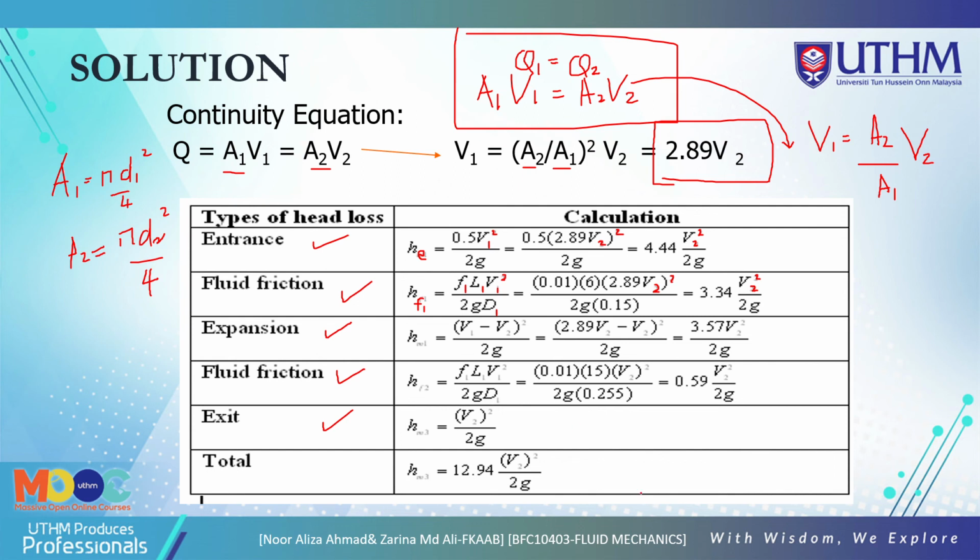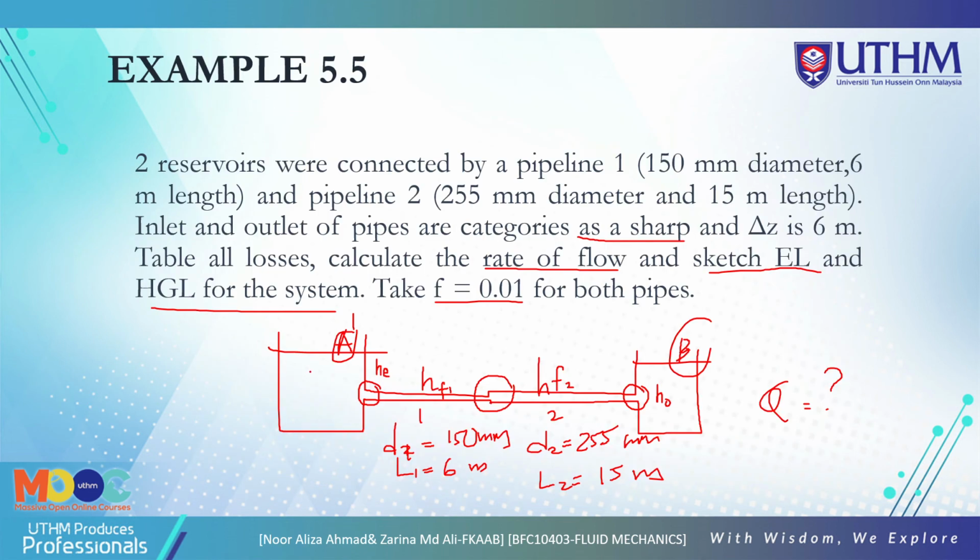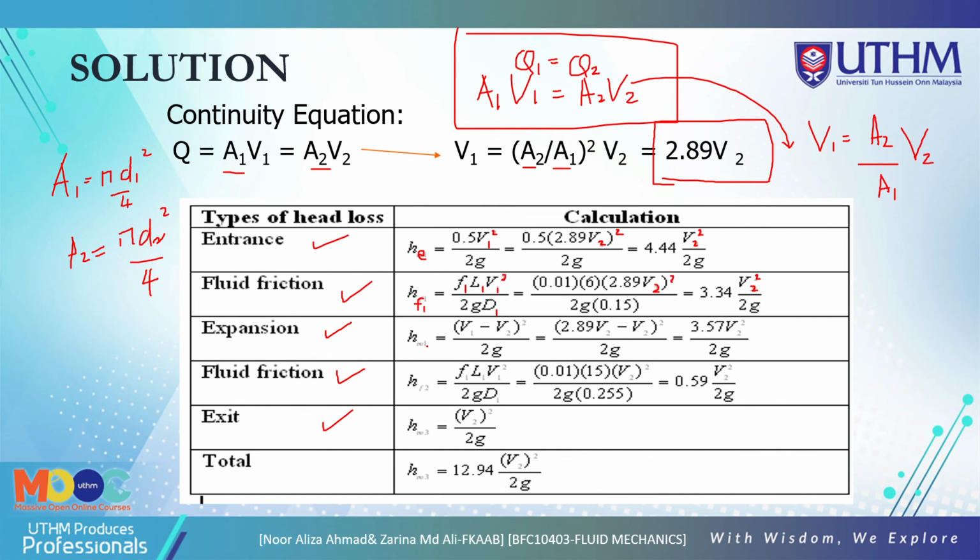Okay, so then we just continue, now in expansion. So expansion is at this expansion. For H expansion, I will write X, it's easier. For expansion, you refer back to your chapter 4: V1 minus V2, squared, over 2g.